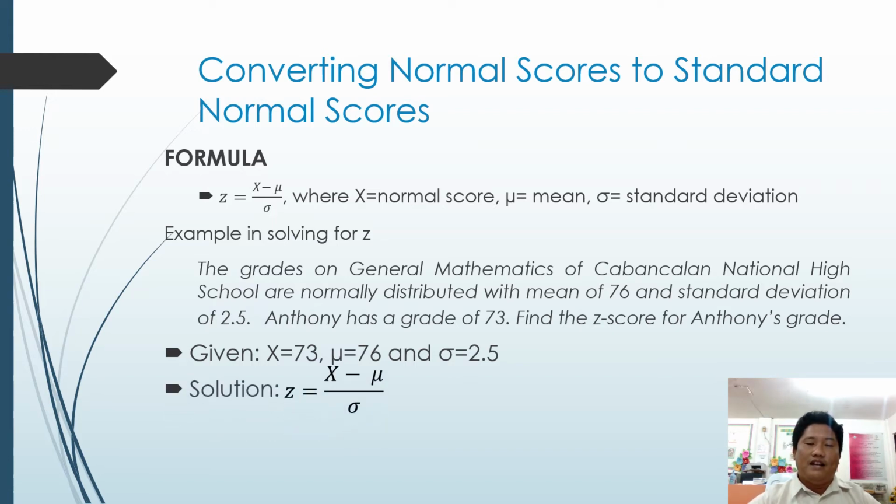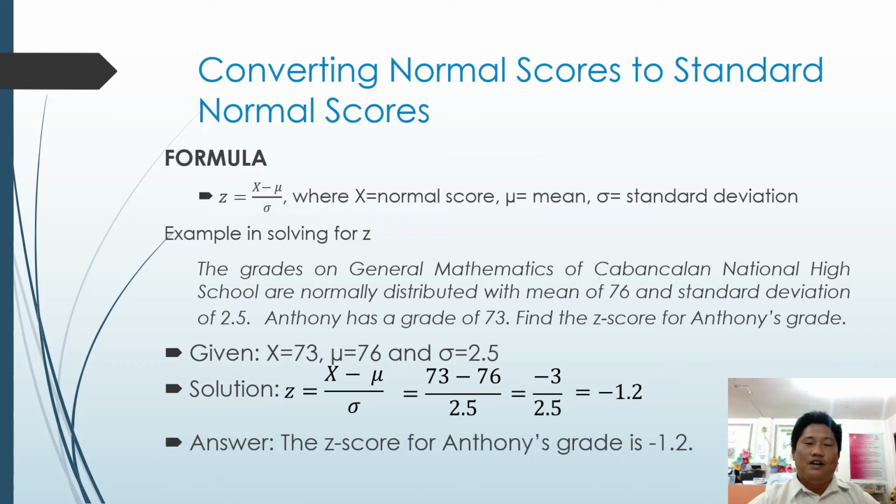Our formula again is z equal to x minus mu over the standard deviation. Substituting the values, 73 minus 76 all over 2.5, and we have negative 3 over 2.5, which is equal to negative 1.2. Therefore, the z-score for Anthony's grade is negative 1.2.